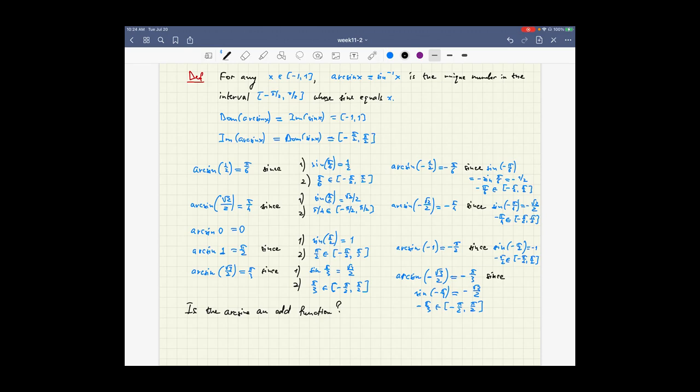Let's see if we can actually prove this. Arcsine of negative x actually equals negative arcsine x for any x in the domain of arcsine, which is negative pi over 2, pi over 2.